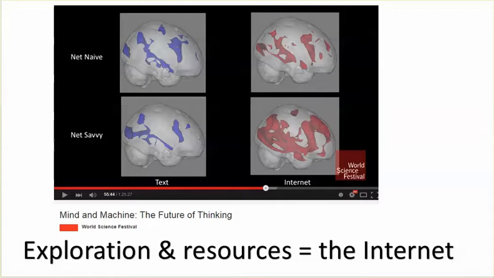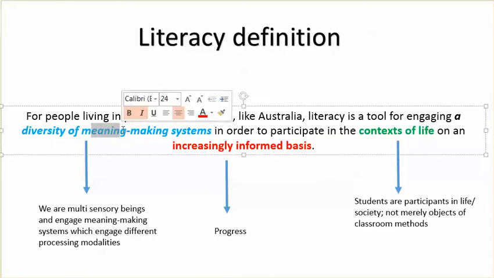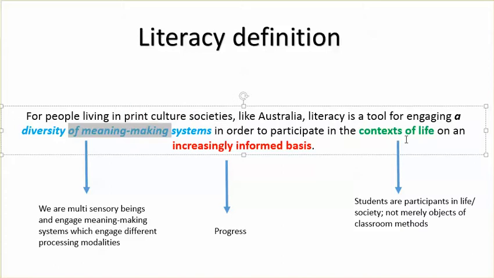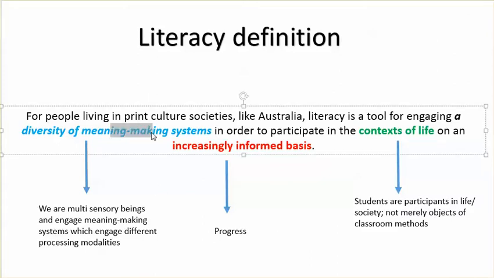So now, if we want this kind of concept of support, this concept of literacy, so first in terms of assignment one, if it is about diversity of meaning systems, contexts of life, and in order to actually progress, we ask ourselves in the on-campus lecture, what criteria could we use, or do we know of, that will allow us to judge or gauge whether we are using diversity of meaning-making systems, whether we are engaging different contexts of life, and whether we do it in order to actually progress as human beings at every level of our participation in the society.